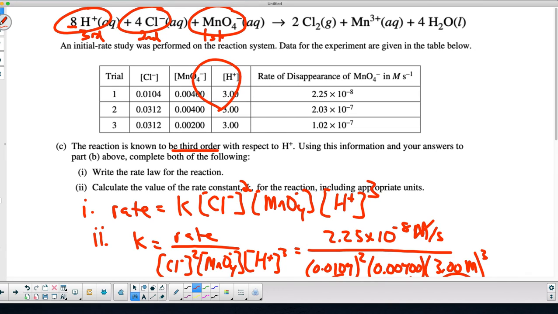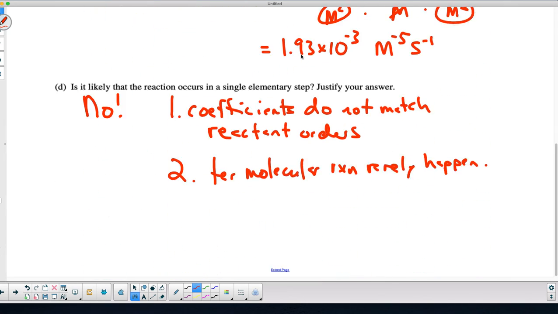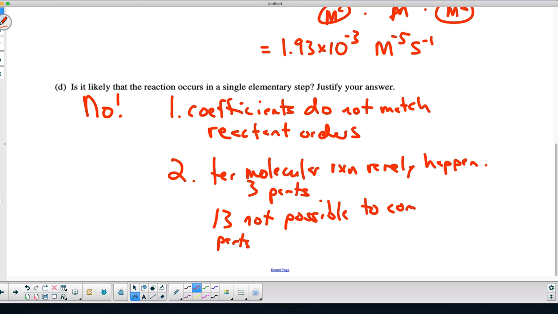That's impossible. Yep, I said it. It's impossible. So 13, if termolecular means 3 parts. If 3 parts are difficult for coming together, then 13 is not possible. So this definitely happens in elementary steps. 13 parts, just not possible to come together in the right orientation and with the right amount of energy.